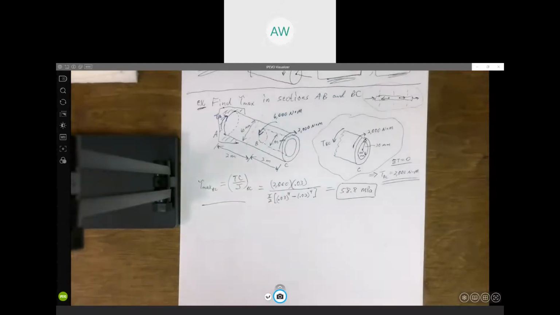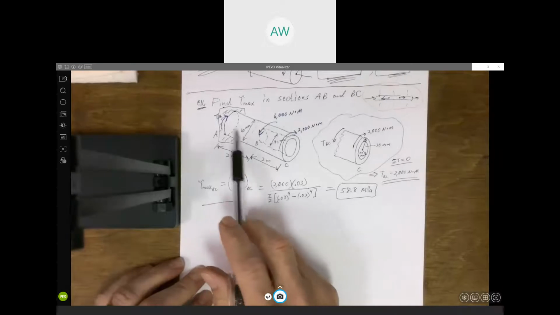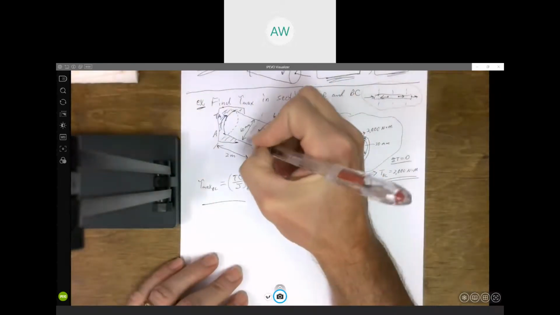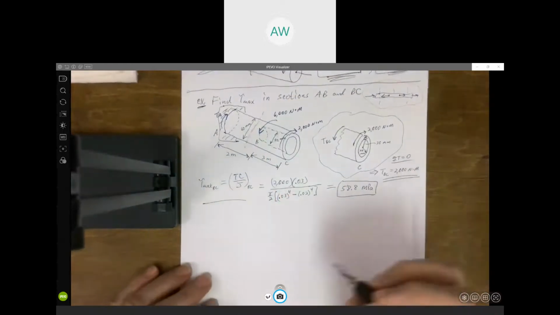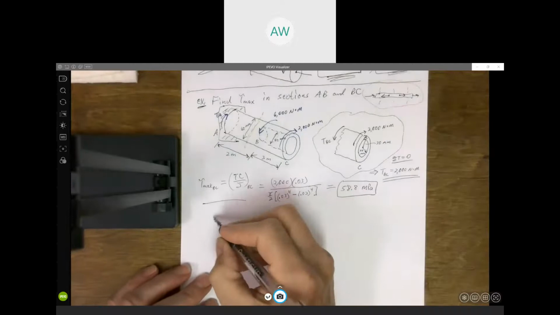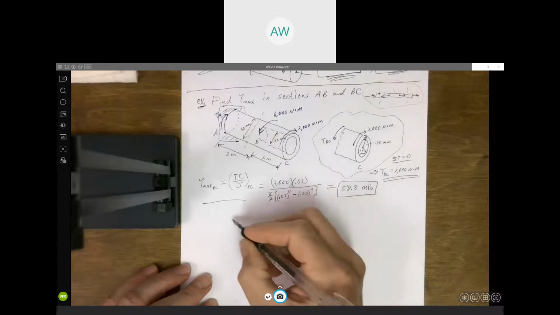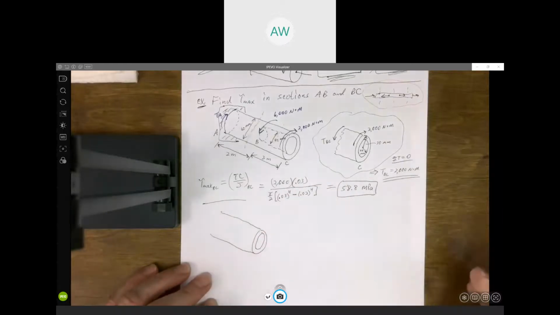All right, well, we're going to do the exact same process to get the maximum shear stress in this part back here, the solid section AB. As I mentioned a minute ago, we're going to cut it somewhere between A and B. So if I can draw this free body diagram, again, I'm going to go with everything to the right of where I cut it.